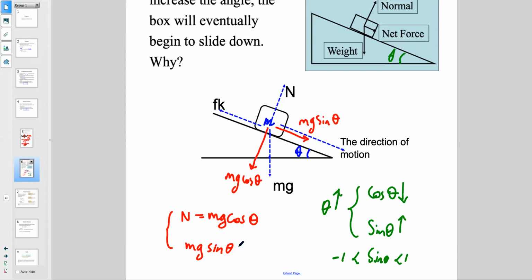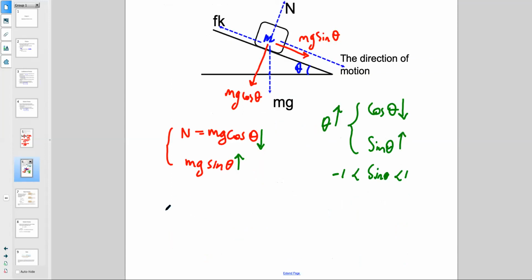In other words, this is decreasing and this is increasing. Which means your mg sine theta gets big, and mg cosine theta gets small. That's what it means if theta increases. So we have that as well.